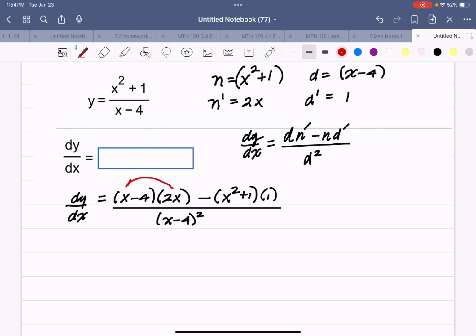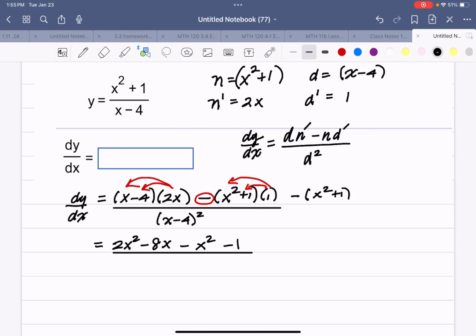So we're going to distribute back these monomial factors, and we're going to watch the sign right here. So I get 2x times x is 2x squared, minus 2x times 4, 8x. And since this is 1, that's just going to be x squared plus 1. But I've got that minus out front, so it's minus x squared minus 1.